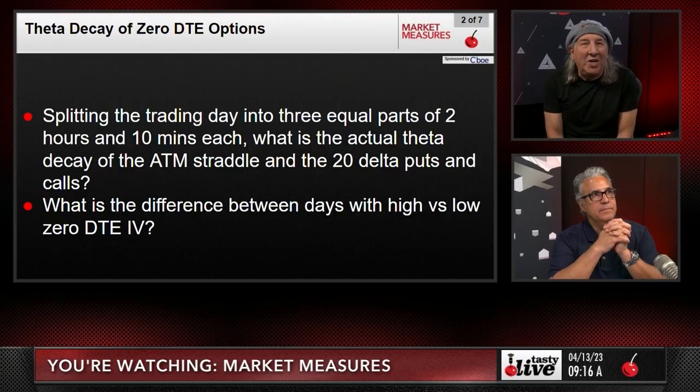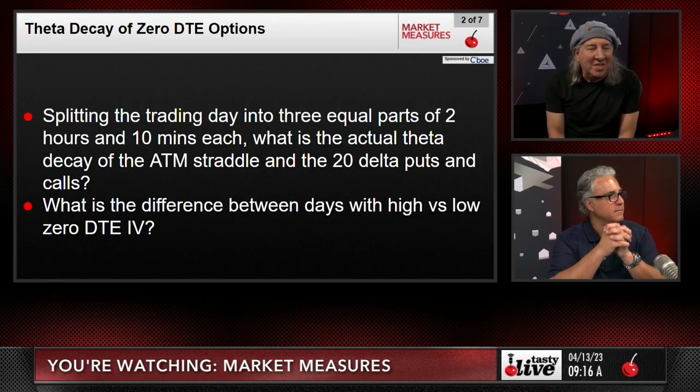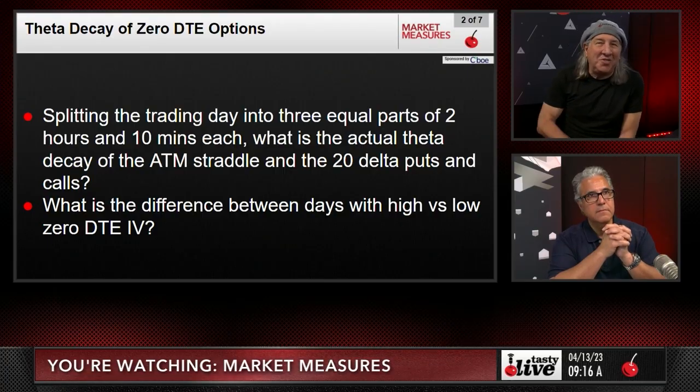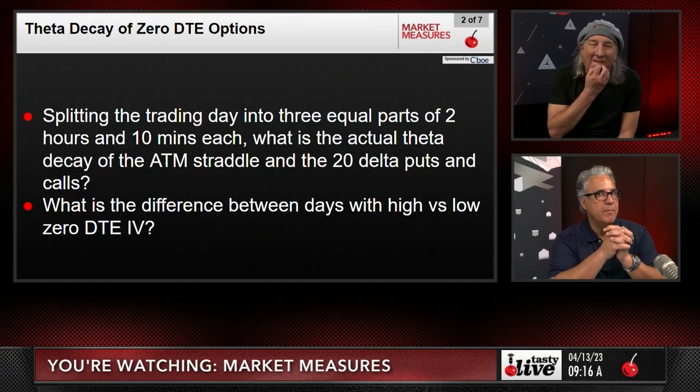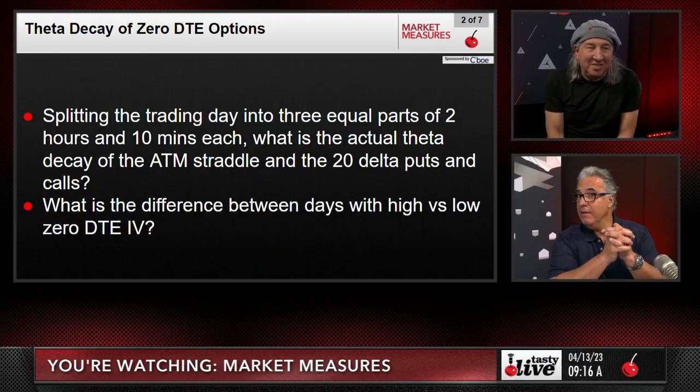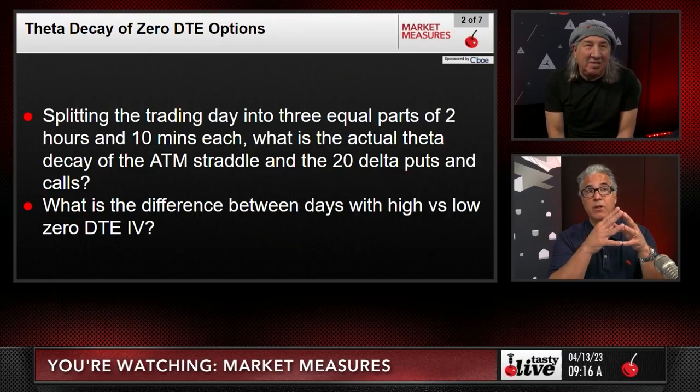Okay? So what is the difference between days with high versus low zero DTE implied volatility? This is the little $1 million question here, Mr. Batista. Do you want to do this? I mean, low implied volatility, high implied volatility. Do you get paid more for having the high implied volatility? Are you more at risk with the low volatility, or is it better?